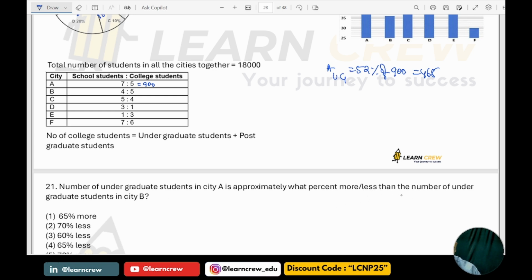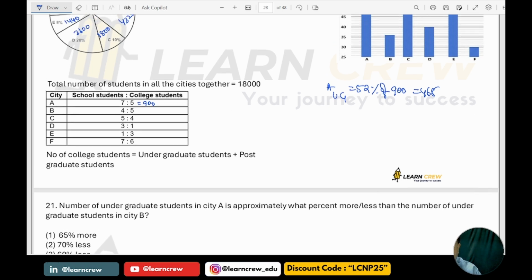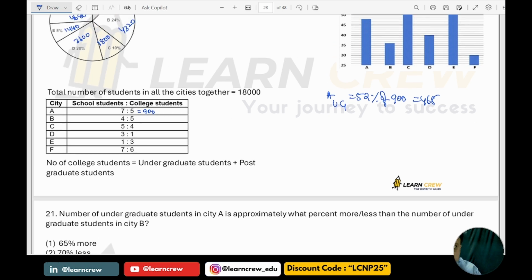City B, number of undergraduates in B. B, the total is how much? 4320. 12 parts is 4320. Thereby 5 is how much? 5 by 9 of 4320.